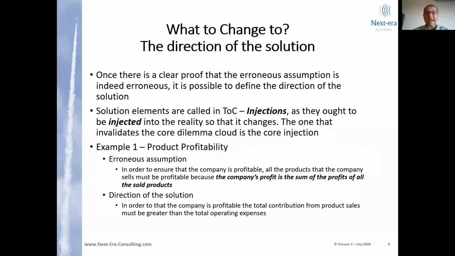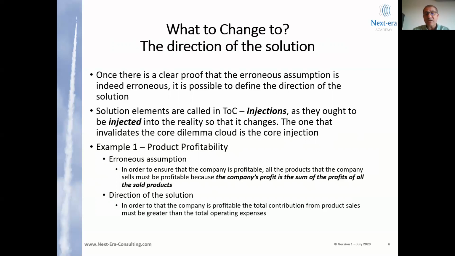Once we have a clear proof that the erroneous assumption is indeed invalid, we can define the direction of the solution, meaning the assumption which is valid instead of the one which is invalid. In theory of constraints, we call solution elements injections. It's the terminology. It's not mandatory, just so you are familiar with the terminology.